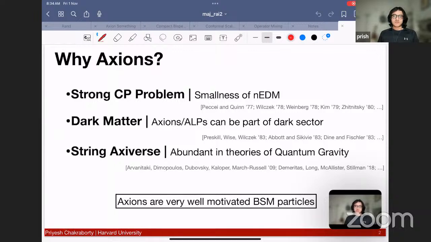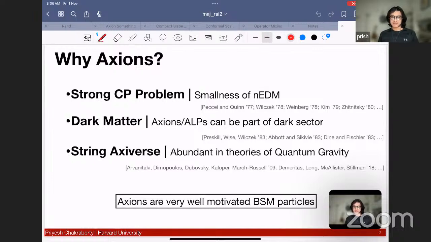I wasn't present for the entirety of the previous talk, but there were also axions there. Nevertheless, let's remind ourselves why we care about axions. Axions show up everywhere in high energy physics these days, anywhere from the strong CP problem, where you need the QCD axion to explain the smallness of the neutron electric dipole moment.